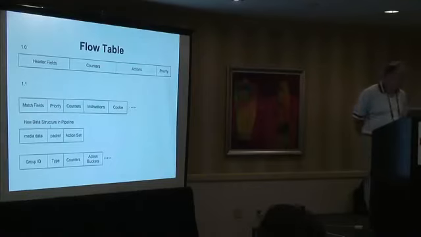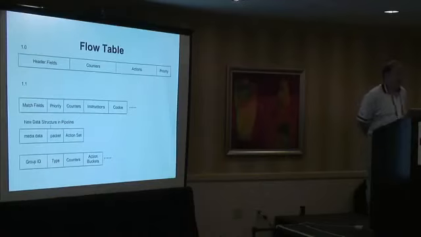Starting in 1.1, header fields become match fields. So they actually changed the terminology. They have priorities and counters, but then they have something called instructions. And they also support multiple tables. And in the old way, in 1.0, it was really simple.